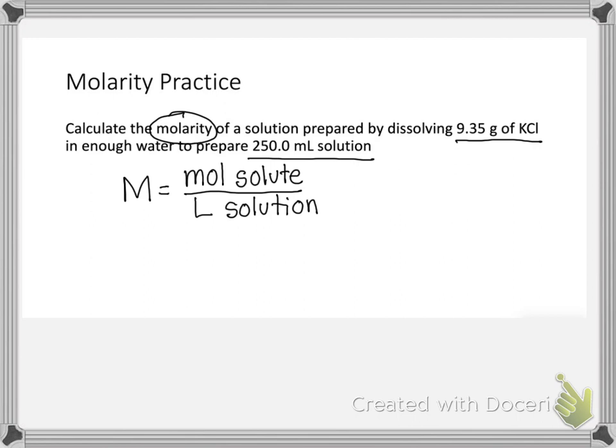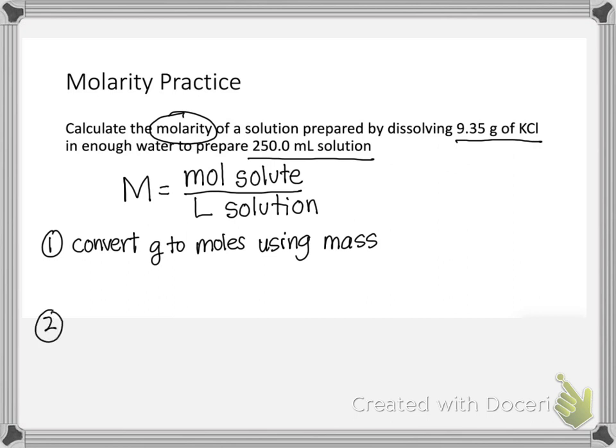So before we use our equation, we're going to have to convert grams to moles using the molar mass, which we'll get in a second. And then I'll leave space for that. And then we're also going to have to convert milliliters to liters.